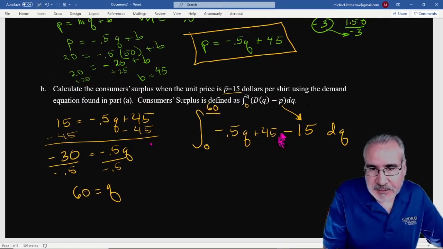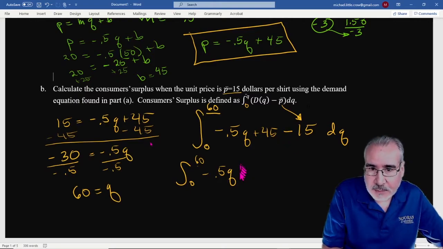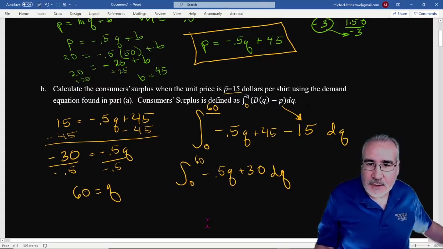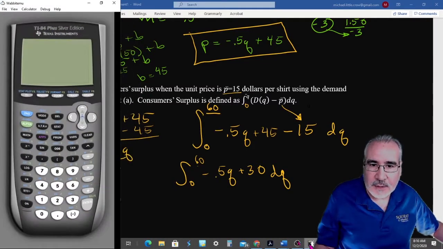This is our function. Might as well clean it up a little bit. So we're going from 0 to 60 of minus 0.5 Q plus 30. And my suggestion is we'll get a nice decimal answer on this one.